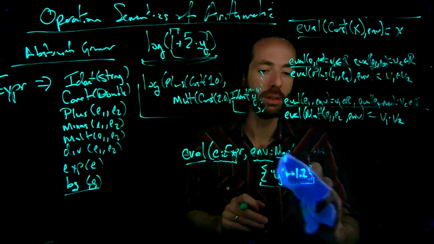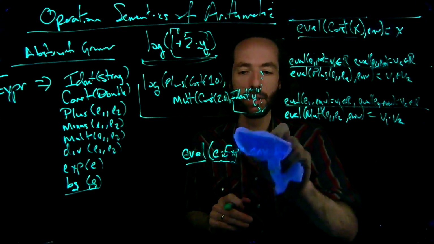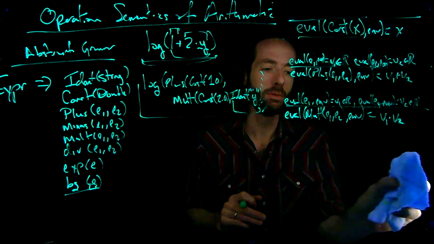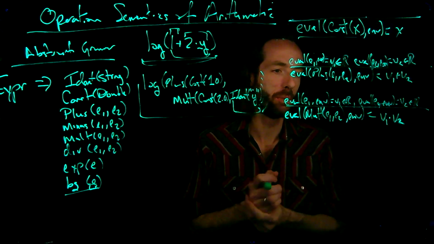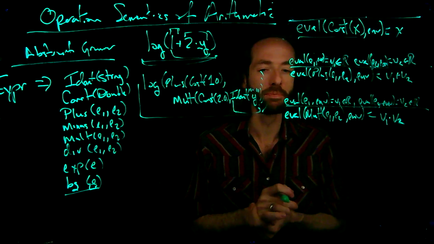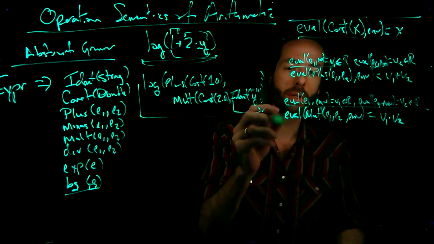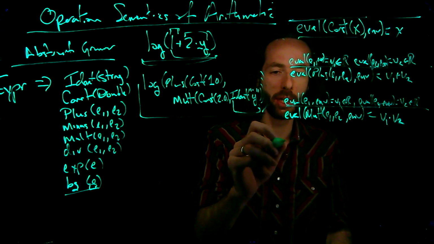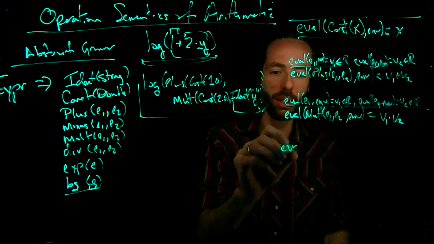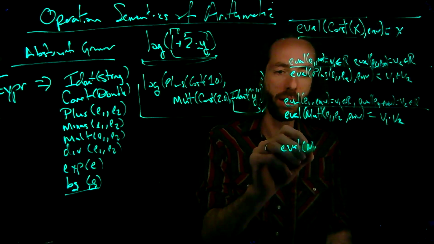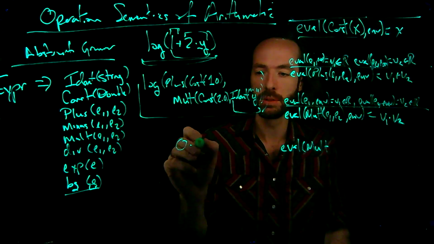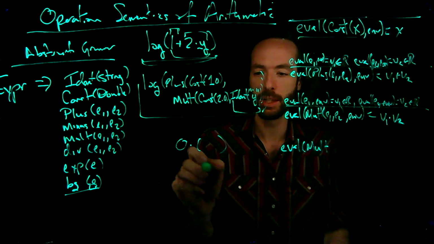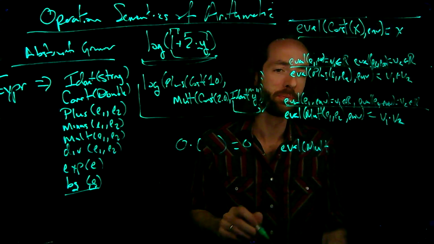Now there's another way we could do this, right? So this says that regardless of whatever the left-hand, right-hand sides are, we're always going to be evaluating both of them. But we could try to be a little more clever, and realize that if I have 0 times something, regardless of what that something is, this is always going to be 0.